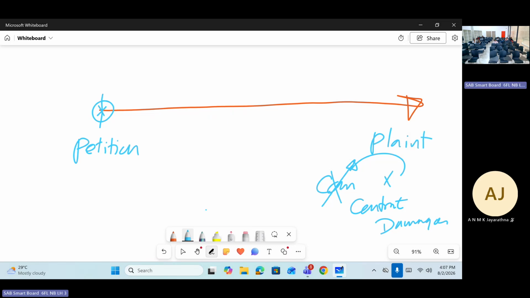Here, X has to file a plaint, not a petition. Plaint and petition are two different processes, but the same actually. This is the request to recover the money in the court. Here also, through the court, this party is going to liquidate the company, but by way of petition.